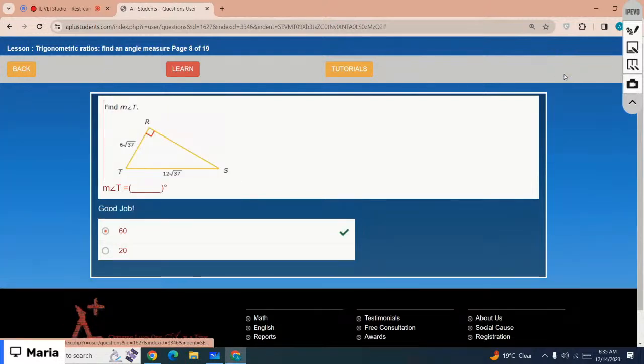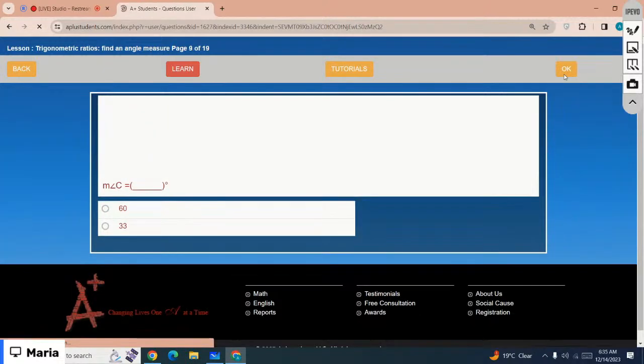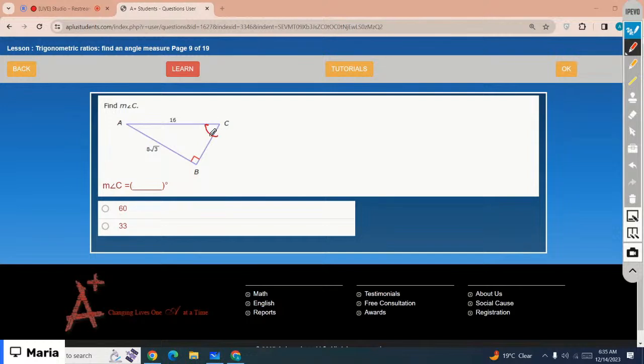Okay, the next one is measurement of angle C. Okay, let's see which trigonometric ratio we can use. Here is angle C. Sine C is 8 square root 3 over 16, right?